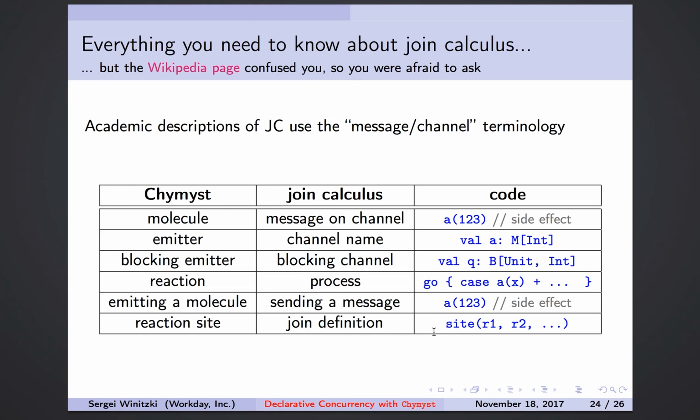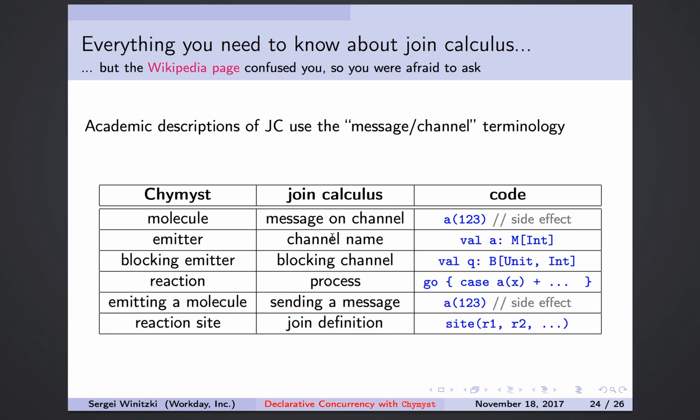So to conclude, the chemical machine has this notion of molecule, notion of emitter, notion of blocking emitter, reaction, emitting a molecule, and reaction site. Now, in academic join calculus, the same things are called by different names, which I actually found more confusing, such as message on channel, or channel name, or process, or join definition.